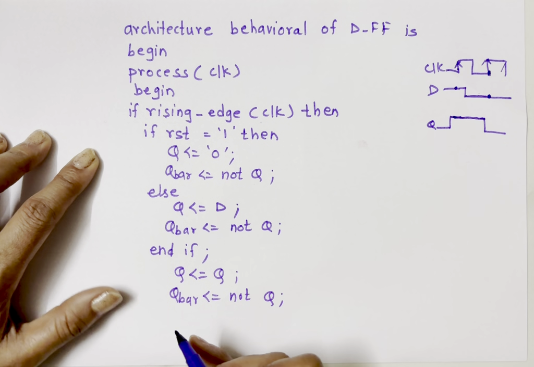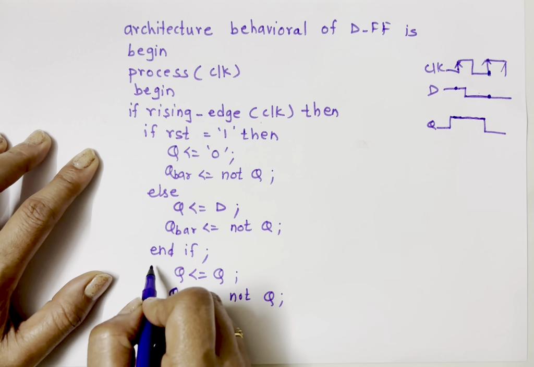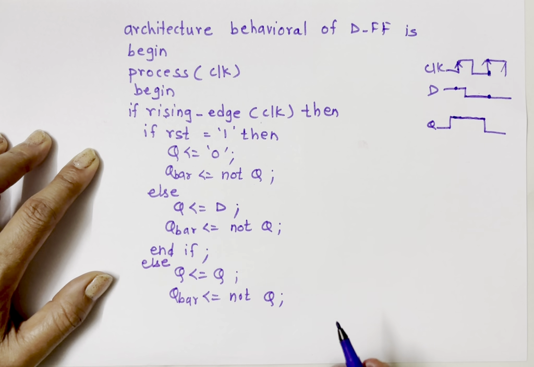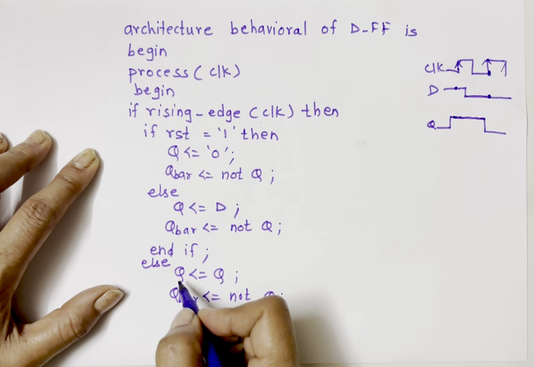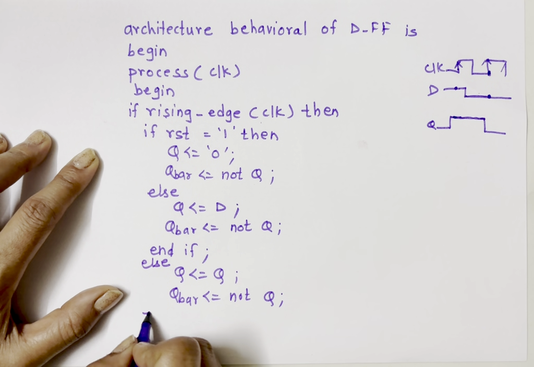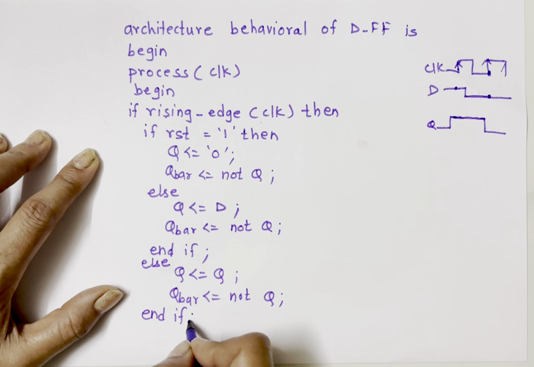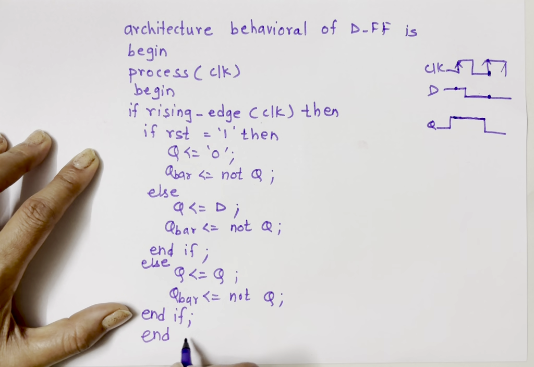And here I need to write else, for this if. If rising edge does not come, then this will happen. And then I'll write end if. This end if is for this if. Then end process. And then end behavioral, our architecture's name.